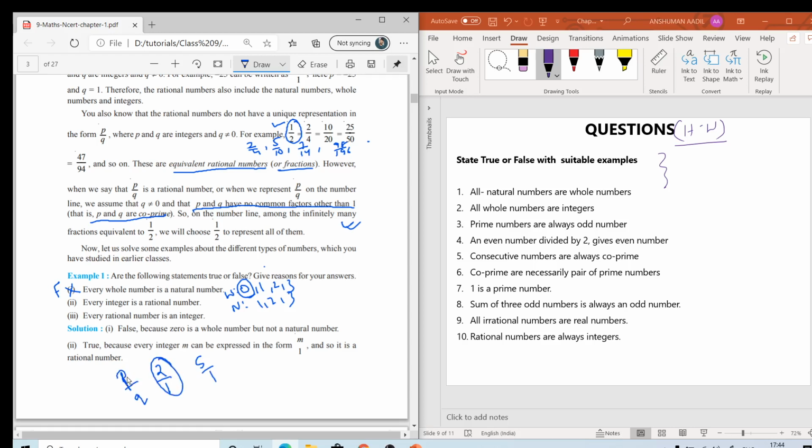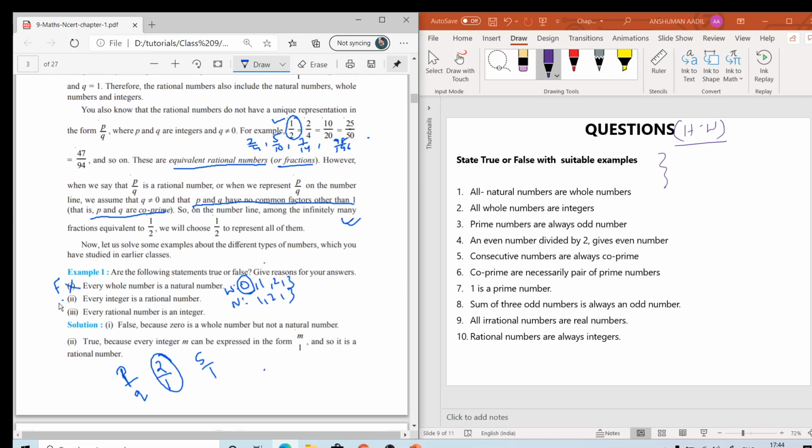It is written in the form p by q, where p equals 2, q equals 1, p equals 5 and q equals 1. So every integer is a rational number. Any number which can be represented in the form p by q, where p and q are integers having no common factor other than 1, and q is not equal to 0, is called a rational number. So this statement is true.